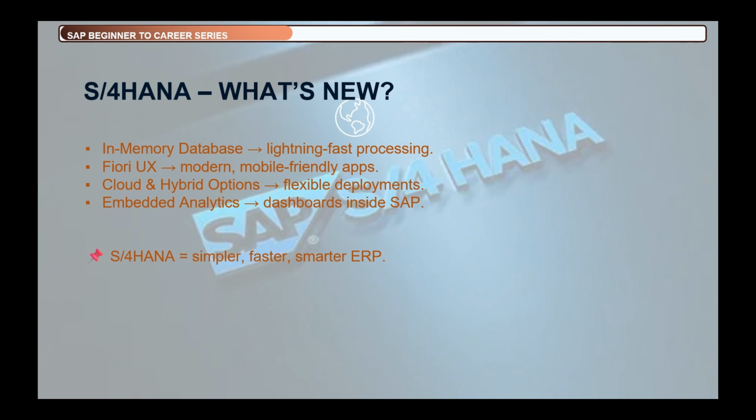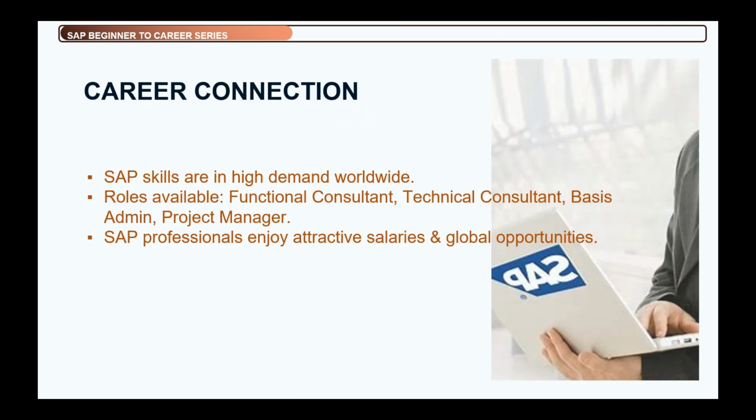So you don't need to extract data from the SAP database and upload it into Excel or any other third-party application for analytics. You can do all this analysis using S4HANA information and its own transaction code dashboards. So in a nutshell, S4HANA is a simpler, faster and smarter ERP solution.